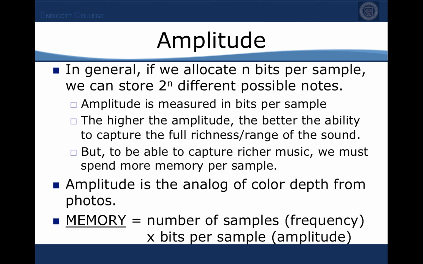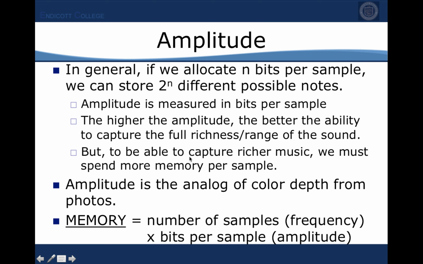It has to do with the richness or depth of sound that you're able to distinguish between. So the higher the amplitude, the more different notes you might be able to recognize and record, which enhances your ability to capture the range or richness of sound in the real world.